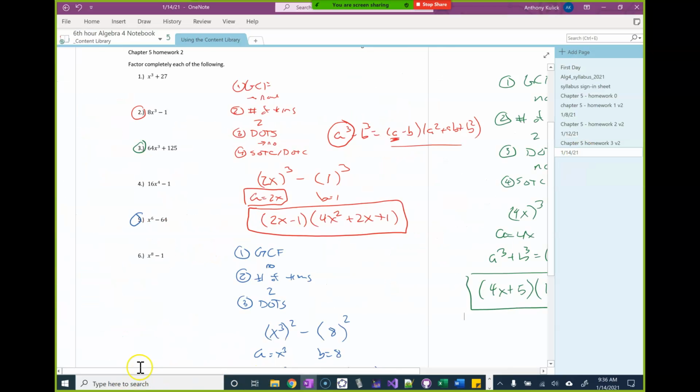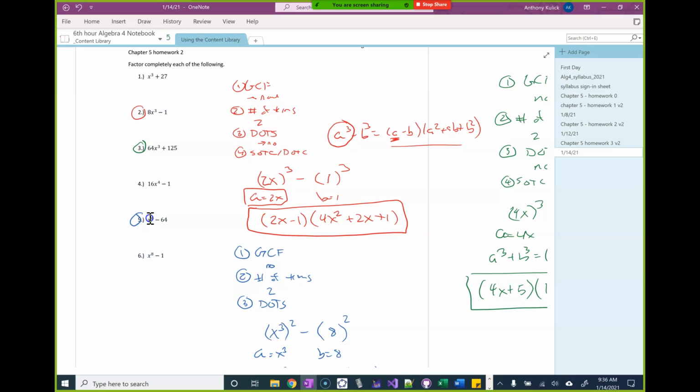The place where you could run into trouble is if you had something like number 5 here, that you could have also done as a difference of cubes. If you did the difference of cubes before the difference of squares, you'd end up with that part at the end being factorable, but there's no good way for you to deal with it.